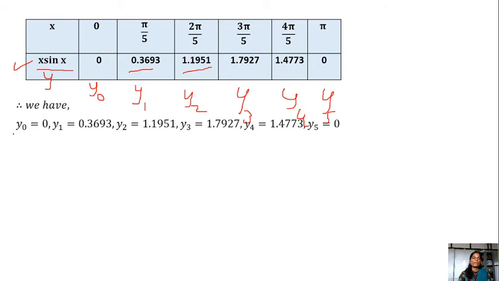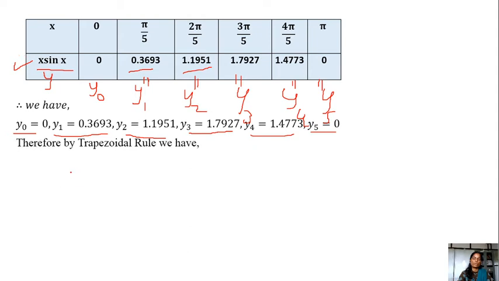Therefore I have written here y0 is 0, y1 is 0.3693, y2 is 1.1951, y3 is 1.7927, y4 is 1.4773, and the last, y5, is 0. So write all these yi's from the given table. Y is nothing but the value of the function at x.